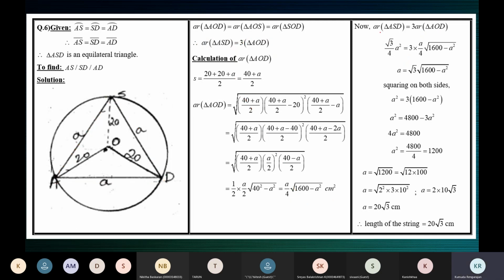So now this is the equation. Area of the whole triangle ASD is 3 times the area of the small triangle AOD. So root 3 by 4 a square is equal to 3 into that expression, because the area of triangle AOD is this expression.